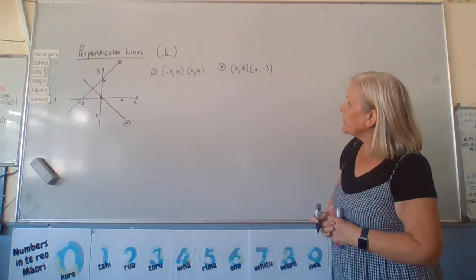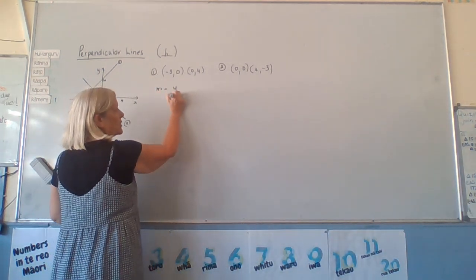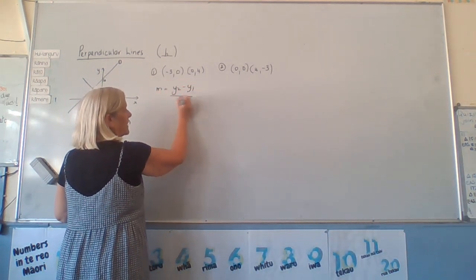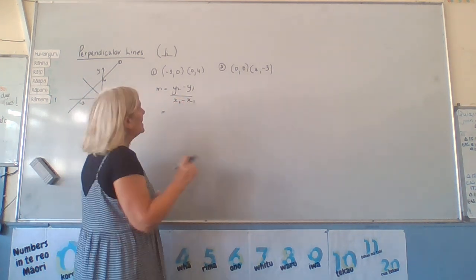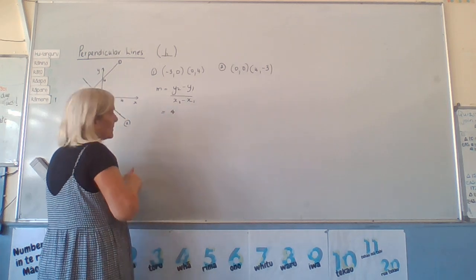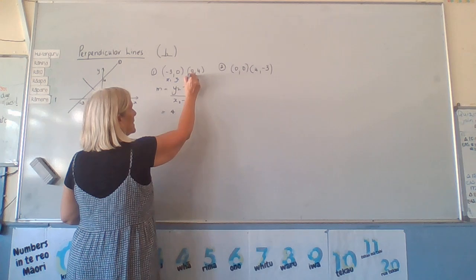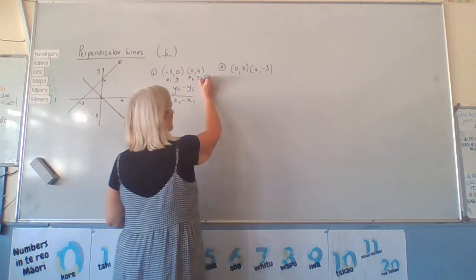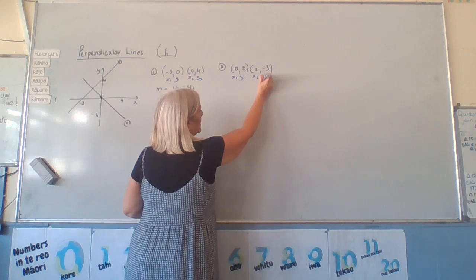All right. So, if we're finding the gradient, we always write out the equation, y2 minus y1 over x2 minus x1, because that gives us a piece of credit in the assessment. So, call them what they are, x1, y1, x2, y2.